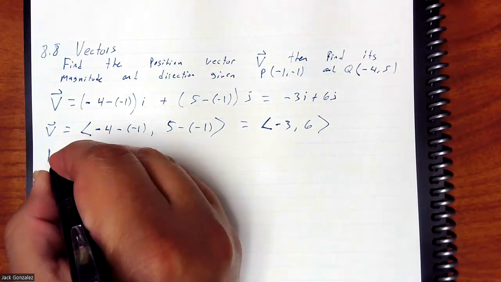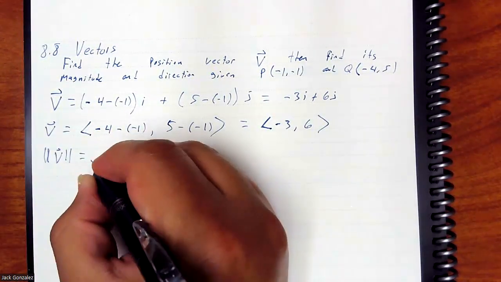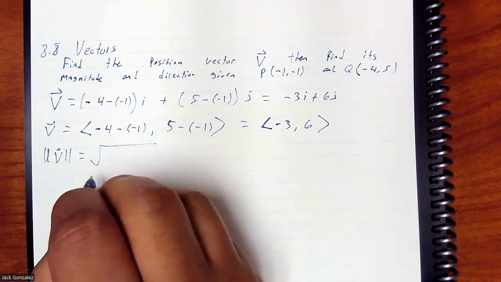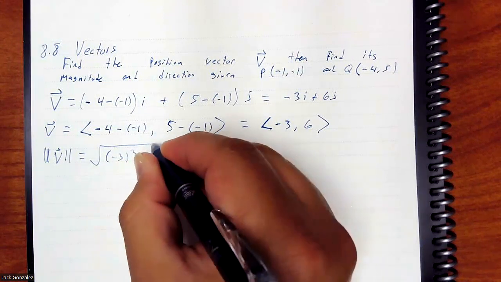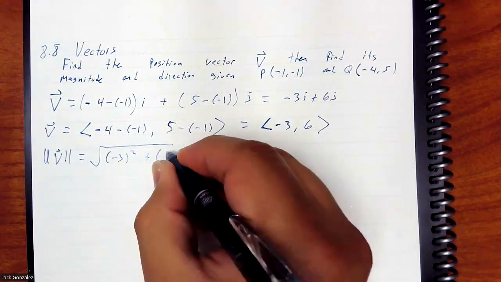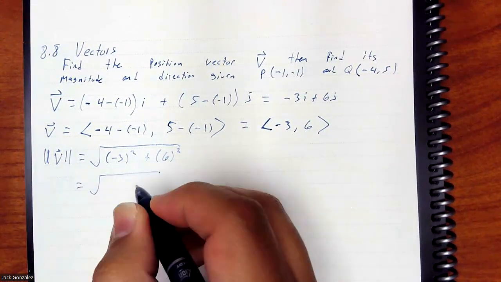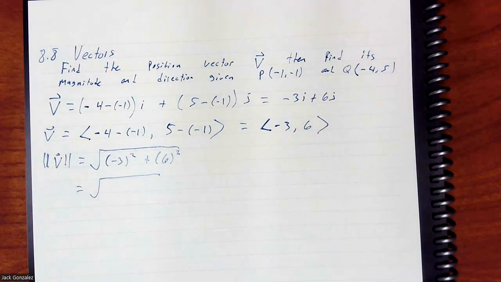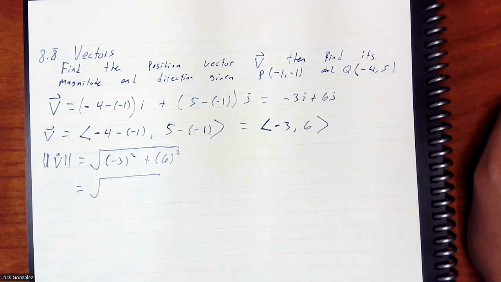So the magnitude of v, we said, is equal to the square root of each component squared. So that will be what? 9 plus 36.